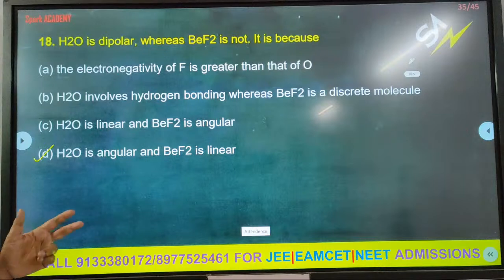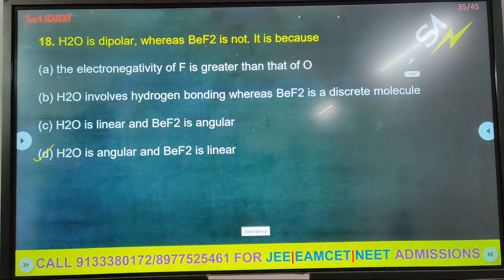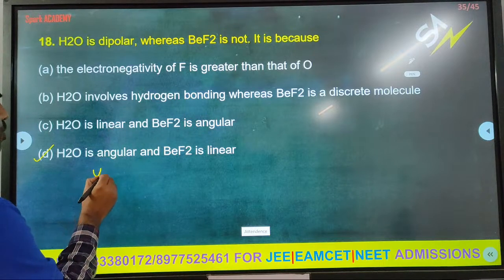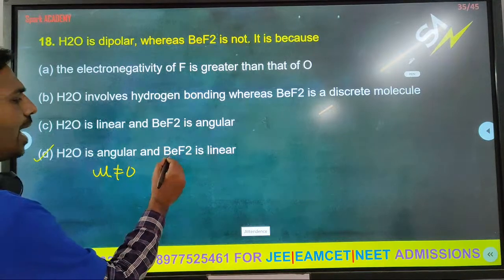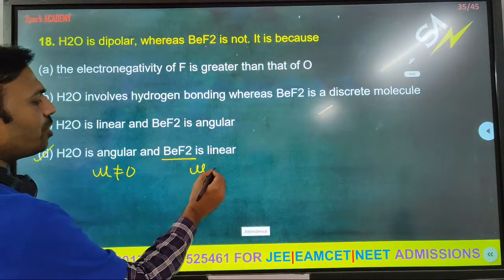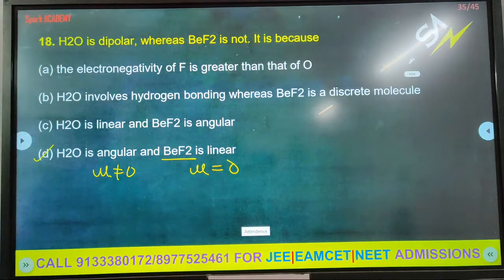Because H2O is angular and the other is linear or planar. Angular means mu is not equal to 0, and linear has a plane of symmetry, so mu is equal to 0. Symmetrical versus unsymmetrical gives the dipole moment. Unsymmetrical, mu not equal to 0. Symmetrical, mu equal to 0.